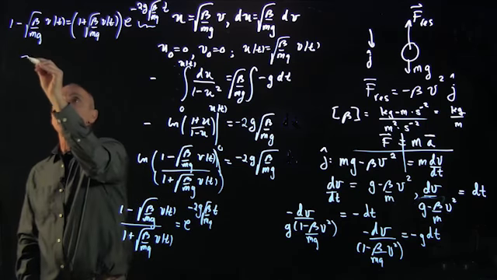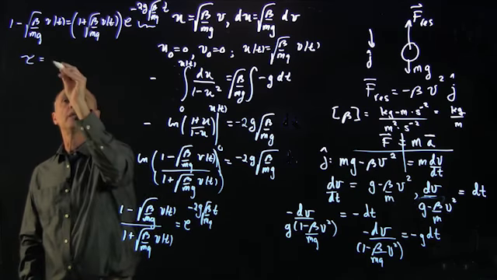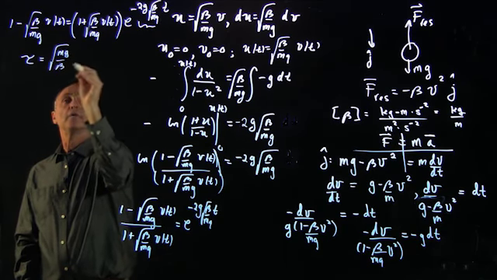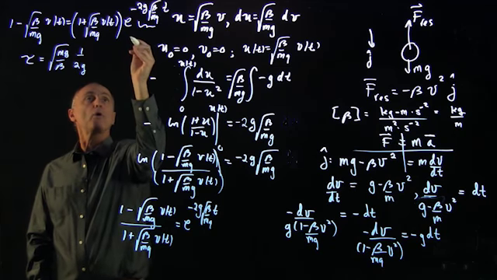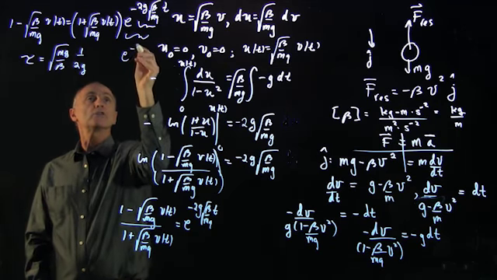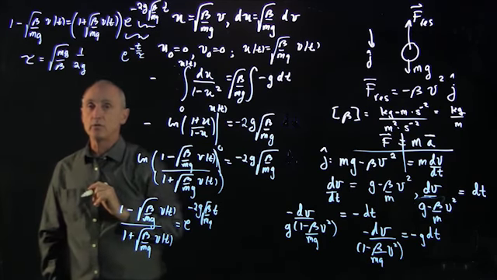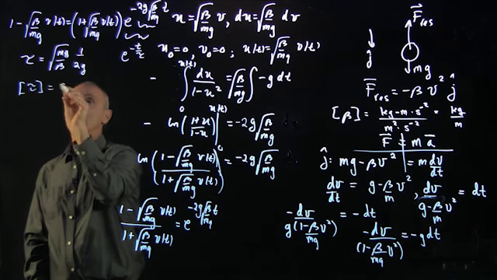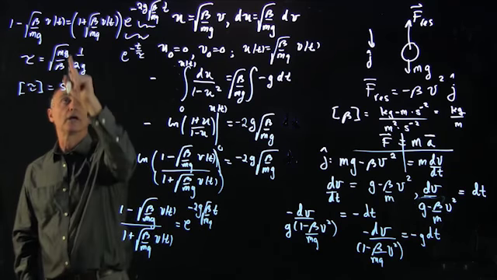I'd like to introduce a constant here, tau, which I'm going to define to be square root of mg over beta times 1 over 2g. And so this whole term is going to just be e to the minus t over tau. It's a nice exercise for you to work out that the units of tau are seconds.